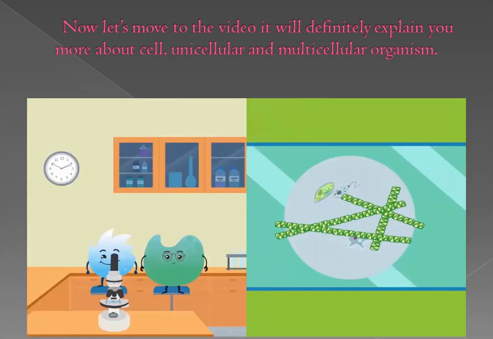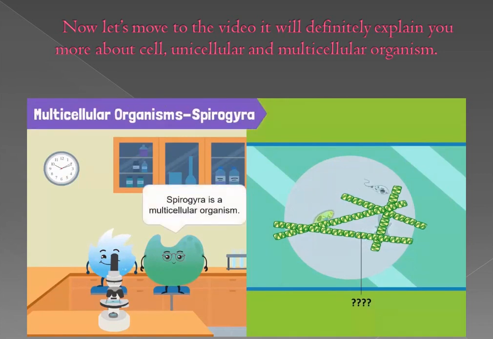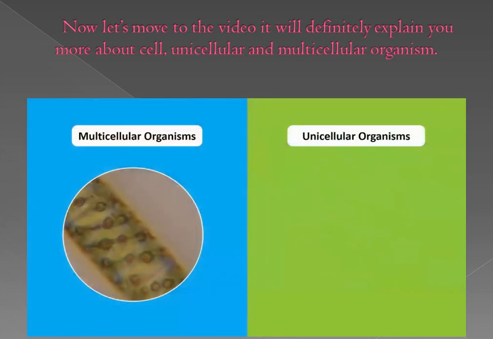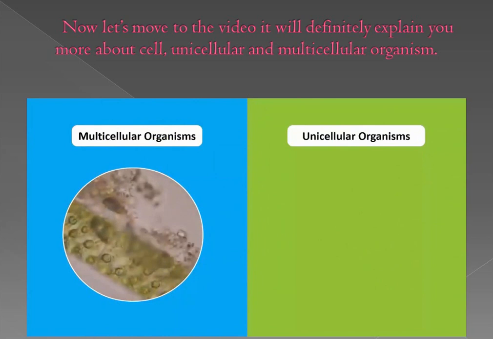I can see some green leafy strings as well, but they don't look like the others. Oh, that's Spirogyra. It's a multicellular organism. I thought multicellular would be bigger. Well, cells are very, very tiny, so some multicellular organisms that are made up of fewer cells end up being microscopic, whereas those organisms that are made up of millions and billions of cells like us can be seen easily.